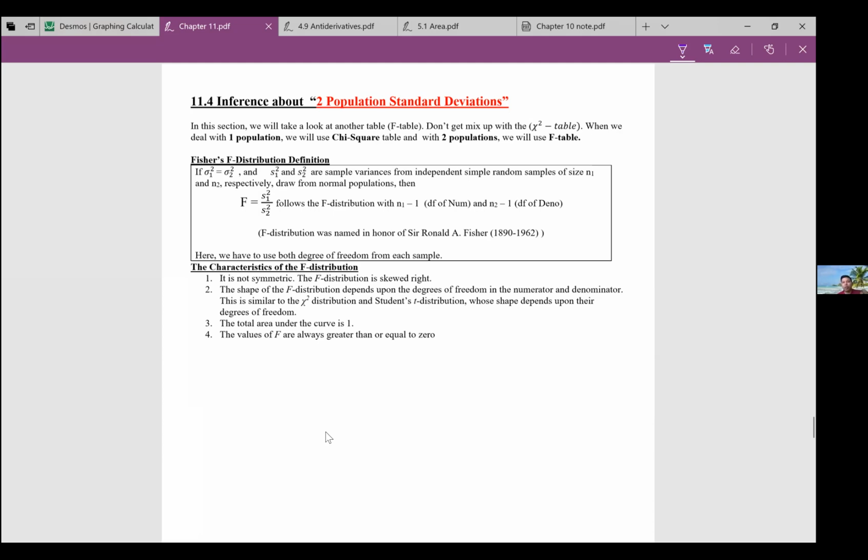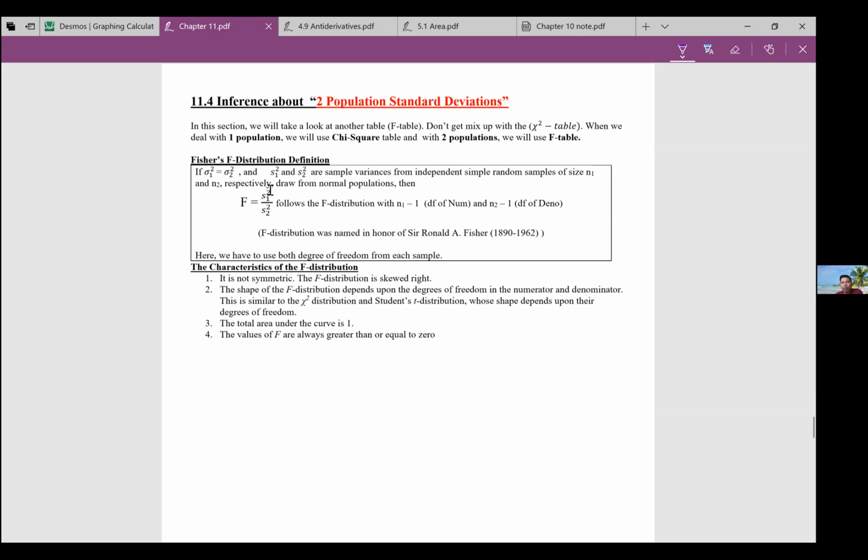We call this the Fisher table, because that's when statistician Fisher invented this and studied it a lot, so we just call it after him. When we have one population, we use the chi-square table. But now, when we have two populations, we're going to use the F table.